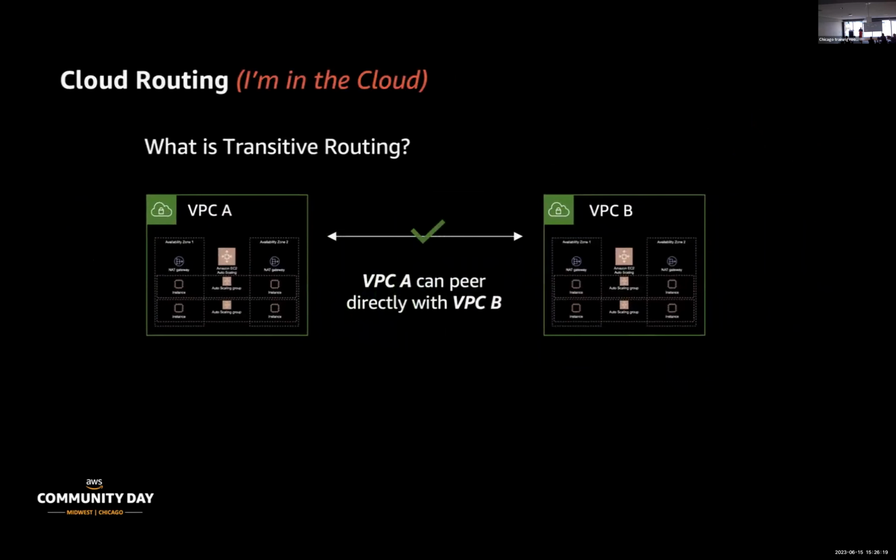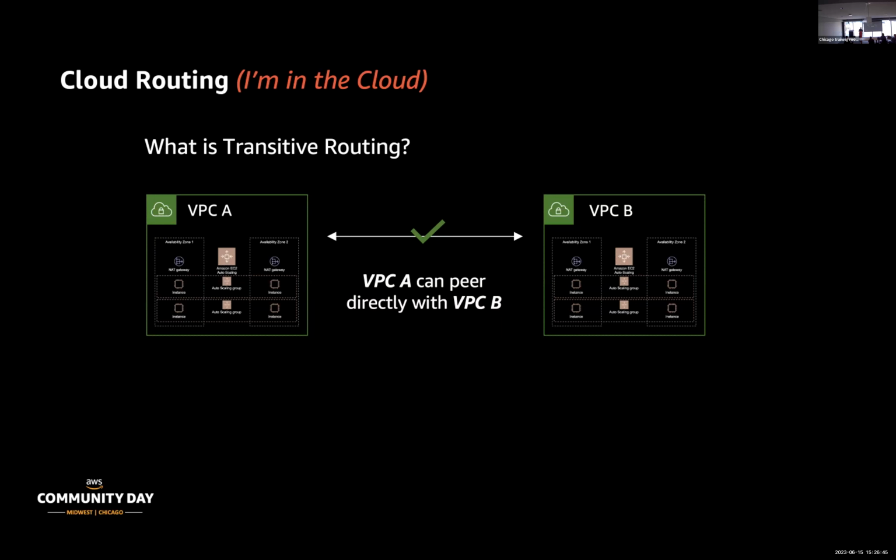So why is it that that happens? There's something you have to consider in cloud, a limitation of sorts. If you look at transitive routing, I can use VPC peering. So if I have VPC A and B, I can peer them directly, and traffic is passed, life is good.